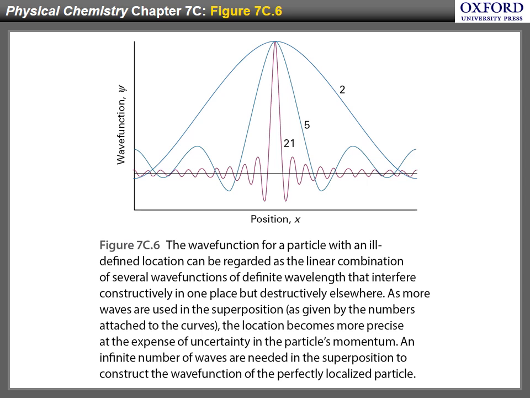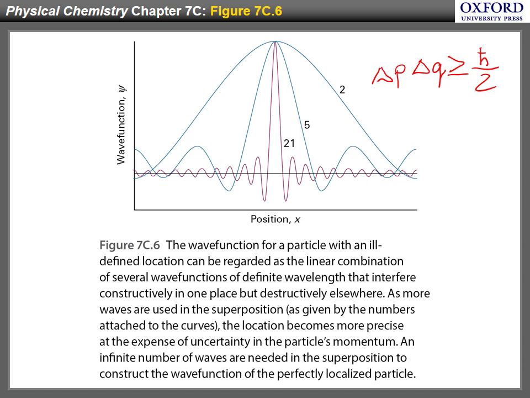So let's finish up with the following equation and introduce the Heisenberg uncertainty principle, which is basically this. So what does this mean?